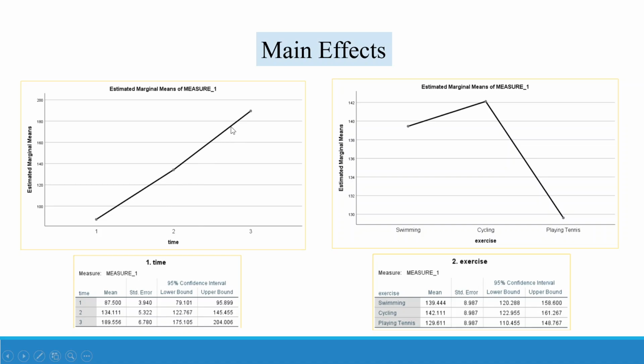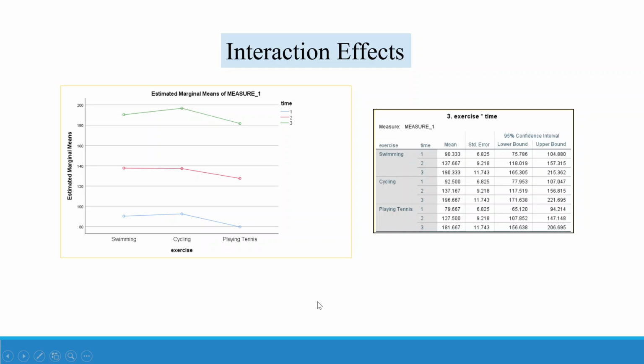Right? Now see the main effects of the exercise. Swimming 139, cycling 142, and playing tennis 129. So the pulse rates are more or less near to each other, and therefore there is no effect of exercise. These are main effects.